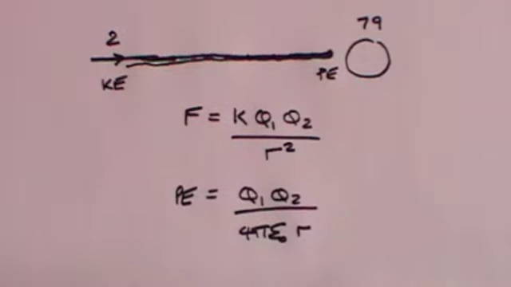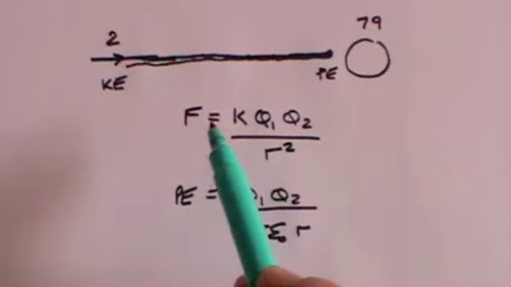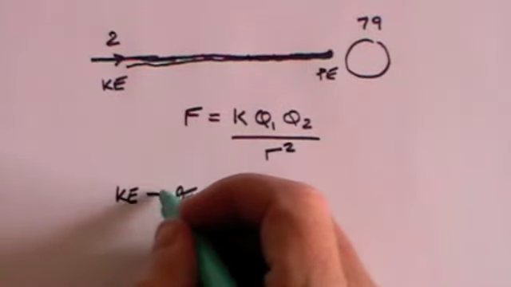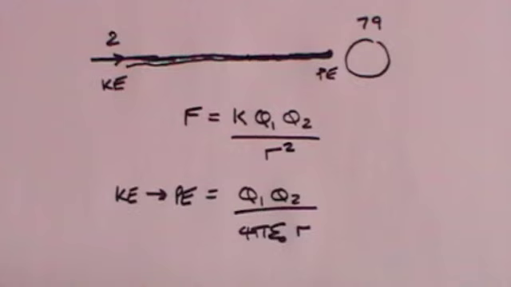And if you then simply switch these two around, so what you're effectively saying is that the kinetic energy has become the potential energy. So if potential energy equals this term, the kinetic energy must be equal to this term, because all the kinetic energy has changed to potential energy.